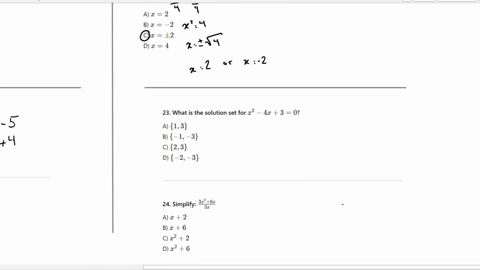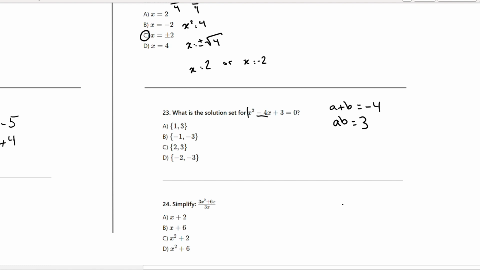For question 23, we have, what is the solution set for x squared minus 4x plus 3 equals 0? Here we could check to see if a plus b equals negative 4 and a times b equals 3 times 1, which would just be 3.